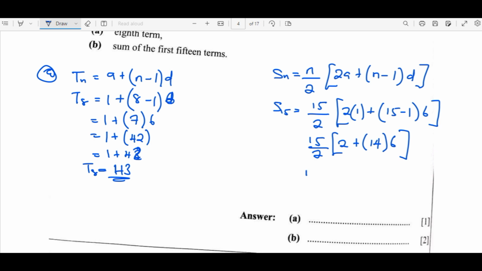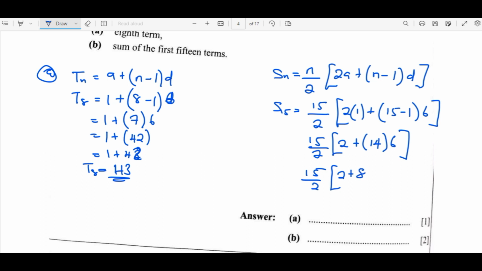So you would say 15 over 2, and then 2 plus 14 times 6. So 14 times 6, what are we going to have there? We're going to have 84.